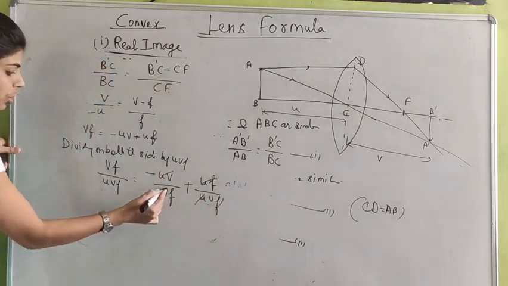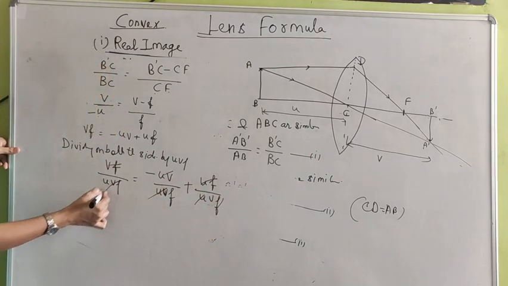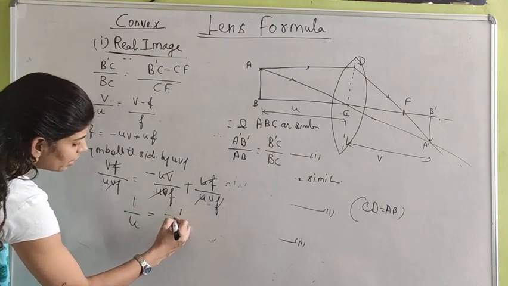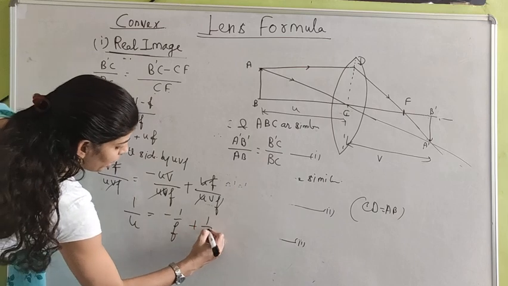UF cancels, UV cancels, VF cancels, and we are left with 1 by U is equal to minus 1 by F plus 1 by V.